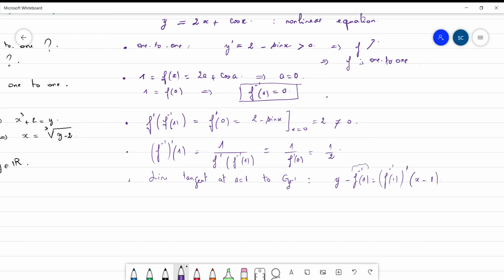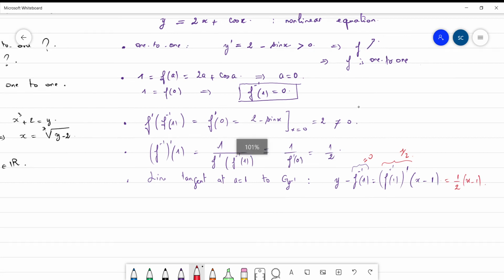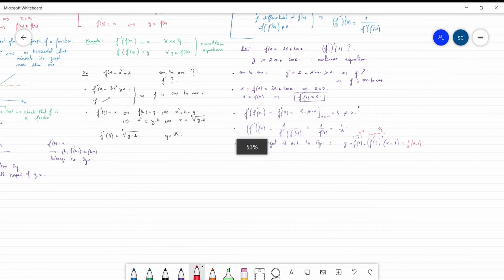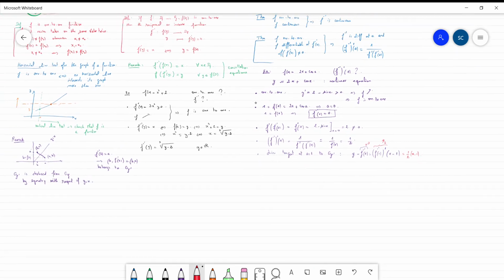We saw that f minus 1 at 1 is 0, and the slope we found is 1 over 2. So the line is y equals one half times x minus 1. Like that we can define new functions using the inverse function.